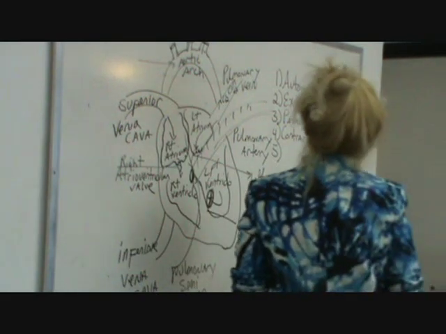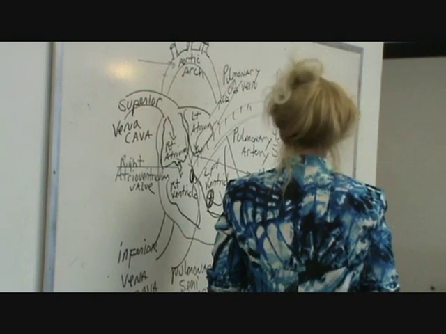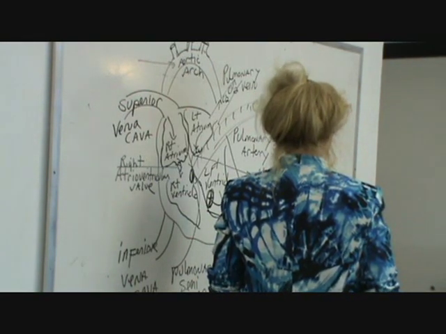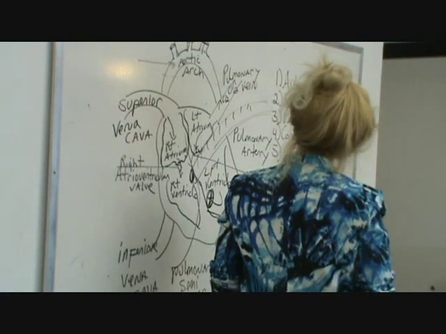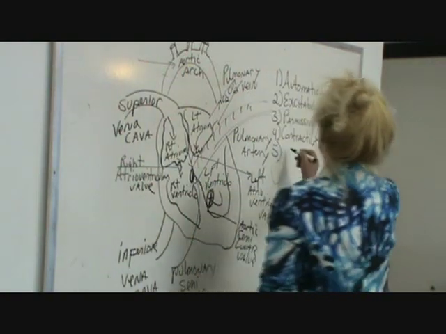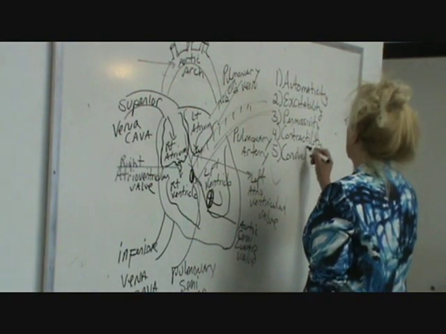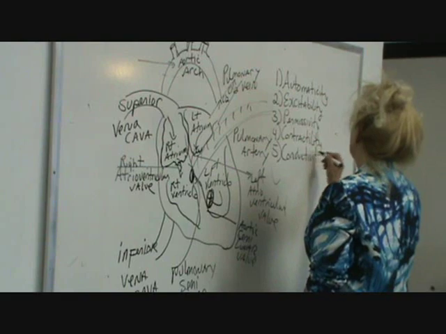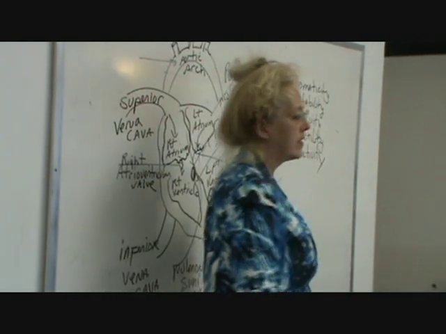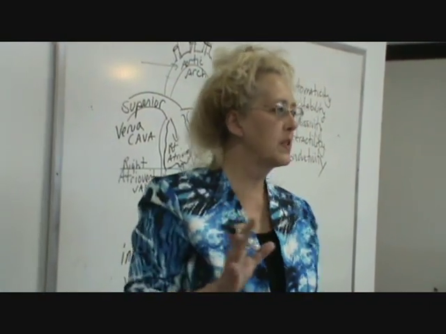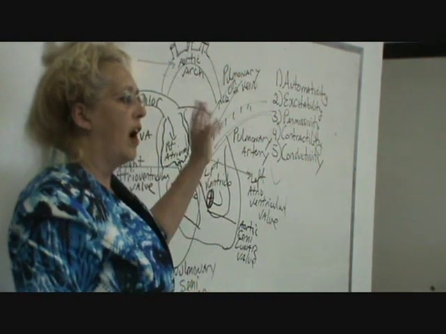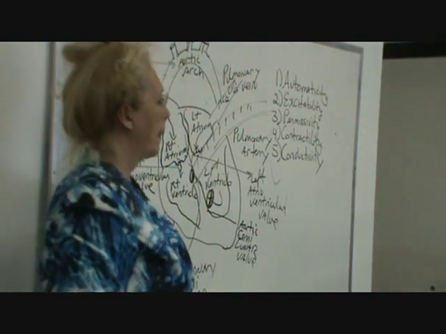Automaticity, excitability, permissivity, contractility, conductivity. Ah, conductivity. The five characteristics that drive the heart muscle to work.